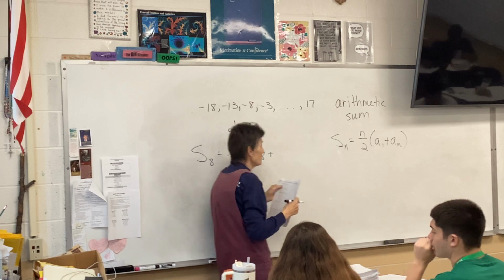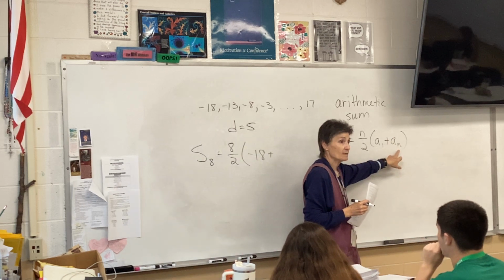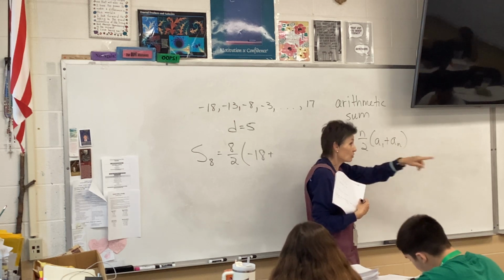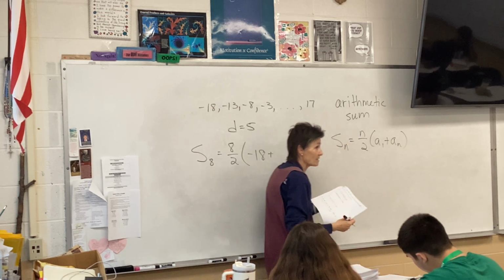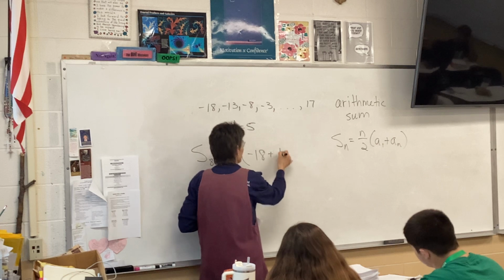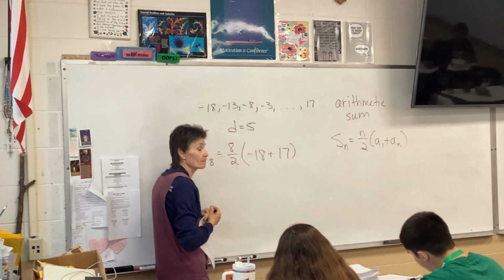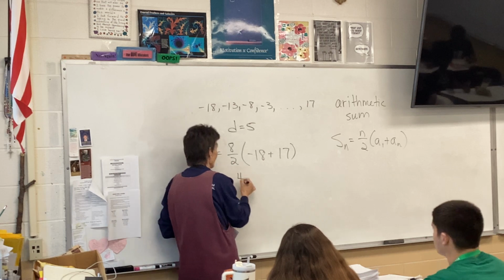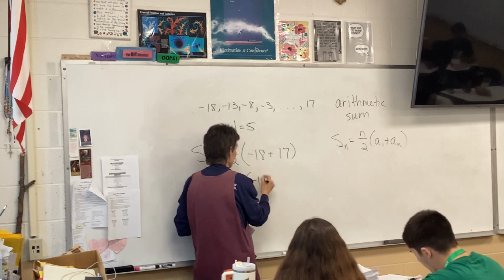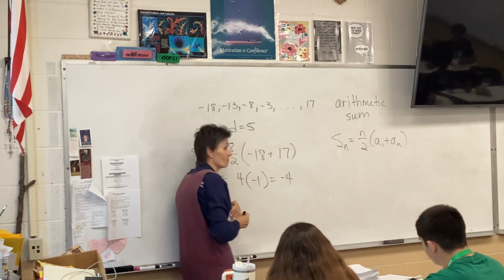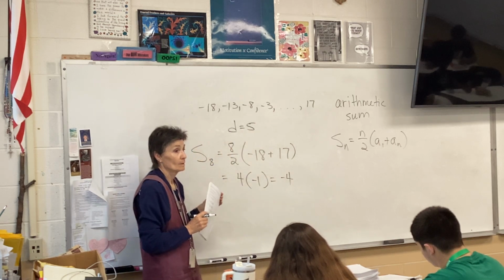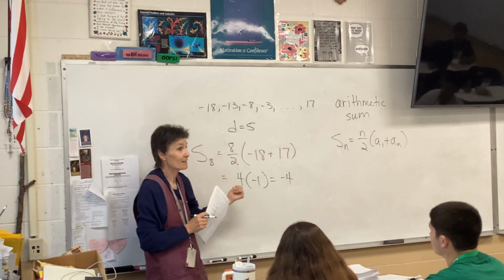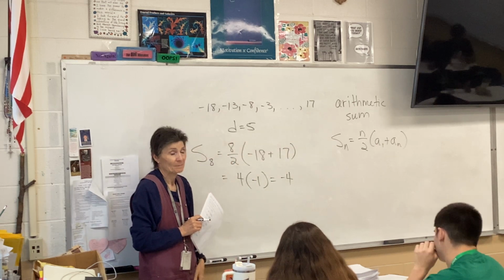And then A sub 8. What does A sub 8 mean? The 8th term, which is the last one. So the last one is 17. And there you go. You just figure it out. So 8 over 2 is 4. That makes negative 1. I got negative 4. Did anybody actually type those in and add them up? Did you get negative 4? Yep.